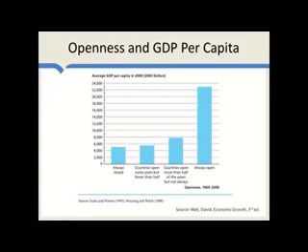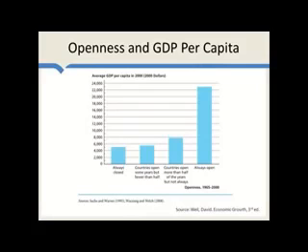And indeed, the more open the countries, the higher was GDP per capita. So this is equivalent to our natural tariff barriers, our mountain ranges, also showing the same relationship with tariff barriers, with our policy choices. More open economies tend to have higher GDP per capita.